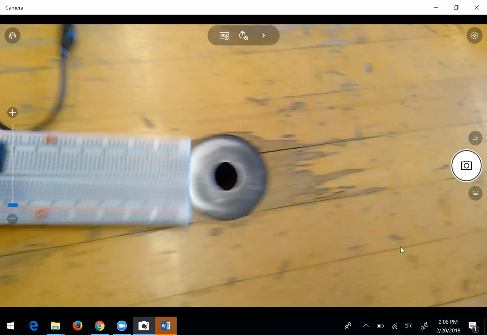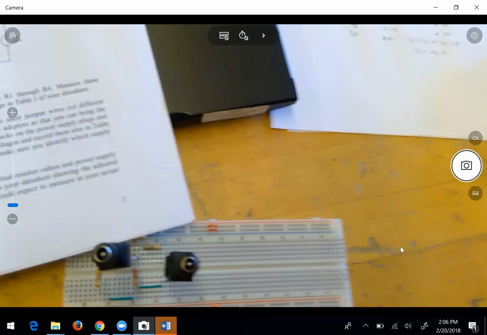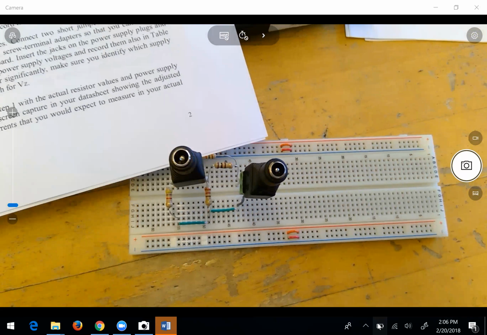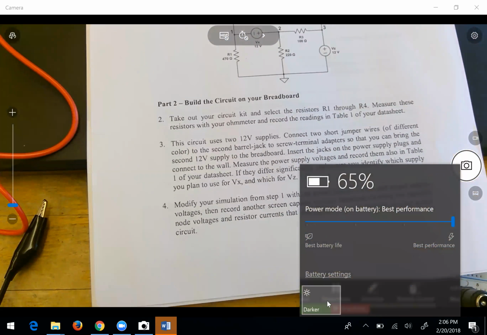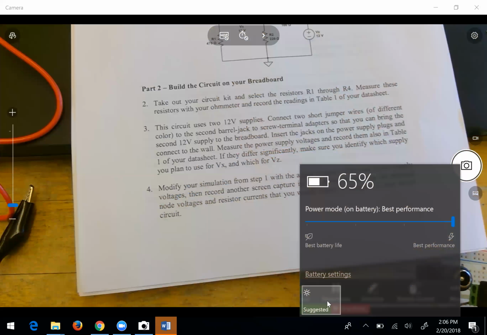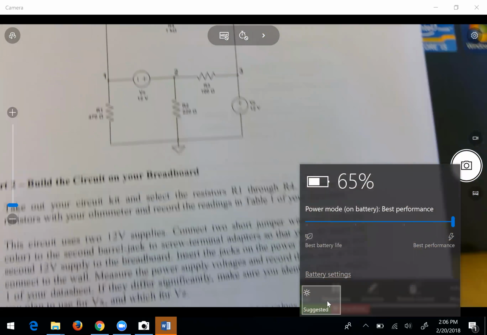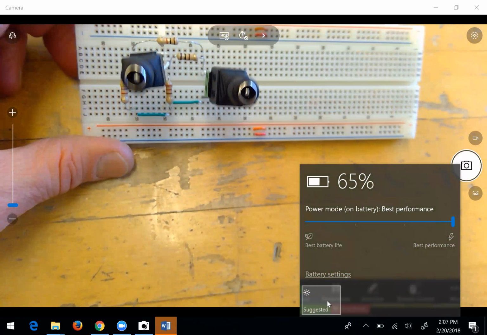The question is whether the wiring is good. You're trying to build this circuit right here, and you've got your nodes laid out here.